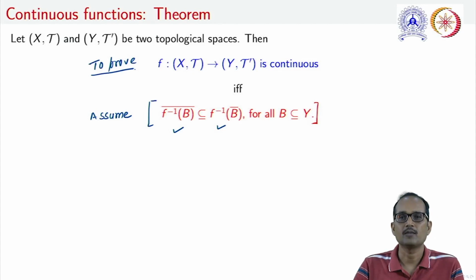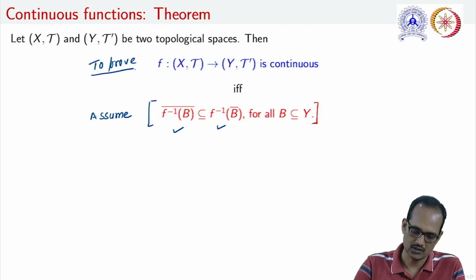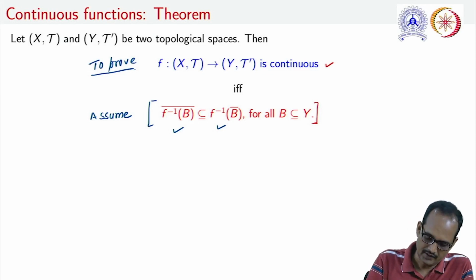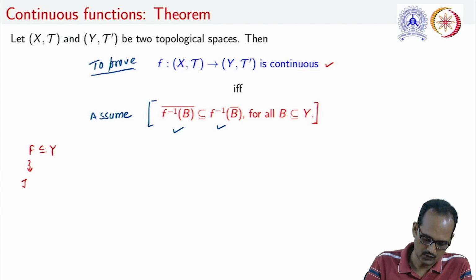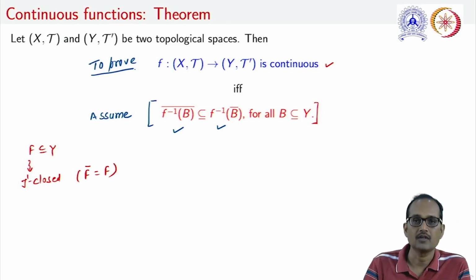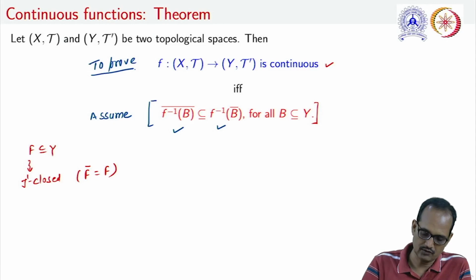Therefore, it will be better to use the characterization of continuous map in terms of closed sets to justify it. Accordingly, let us take a subset F of Y which is τ' closed, and if this is τ' closed, we can conclude that closure of F equals F. In order to justify the continuity of f, what we have to prove? Actually, we have to justify that this f inverse(F) is τ closed.